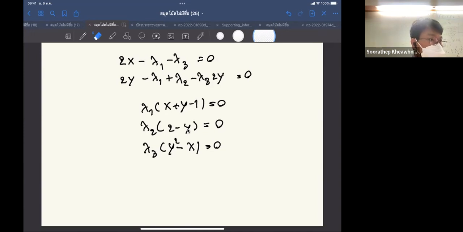In the first case, lambda 1 is 0. Or in the case, for example, lambda 2 is 0. Lambda 2 can be 0, so 2 minus y doesn't need to be 0. Or the case where y is 2. Yeah, something like that.